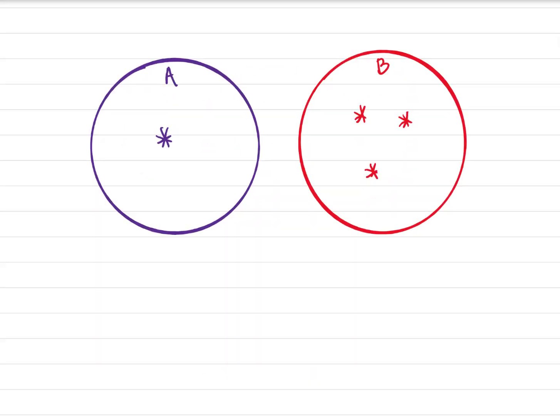This is a picture of two events that are mutually exclusive. We can see that in this picture, A and B do not overlap. So the probability of A and B is 0.